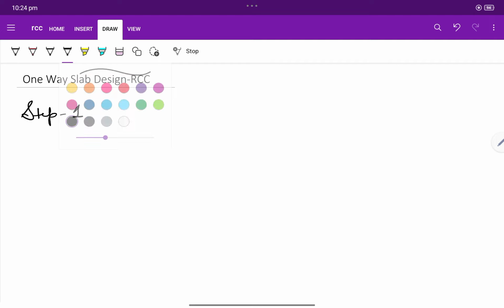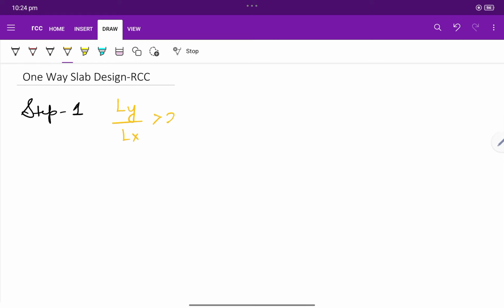Okay. So step one: we have to check if it is a one-way or two-way slab. For checking it, Ly by Lx should be greater than 2 for a one-way slab, and Ly by Lx should be less than or equal to 2 for a two-way slab.